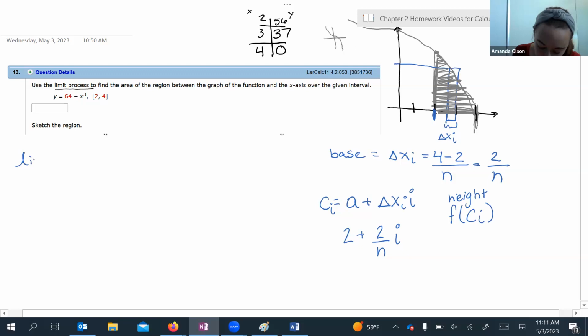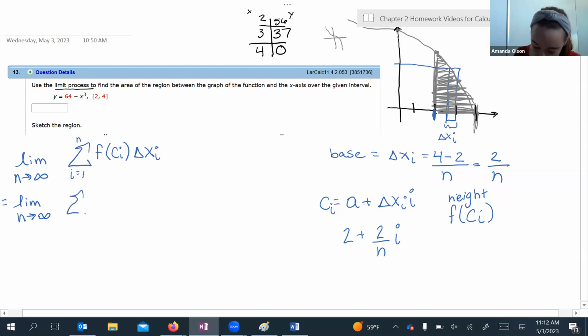So then we're going to look at the limit as n goes to infinity of the sum from I equals 1 to n of f of c sub I times delta x sub I. So this is going to be equal to the limit as n goes to infinity of the sum from I equals 1 to n, 64 minus our c sub I, which is 2 plus 2i over n, to the third.